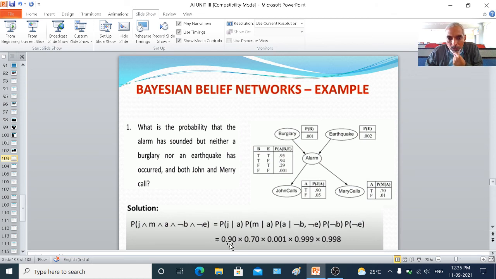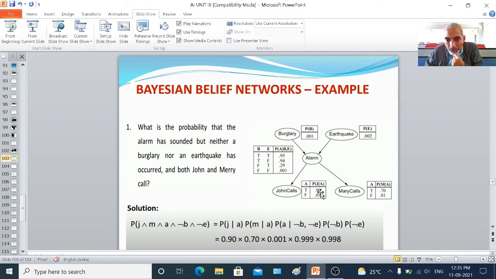Now all these values are already present; all the values are there with us. Say for example, the probability of J given A. From this particular table we can get that John is going to call. The probability of J, meaning John is calling, given that A has occurred, meaning the alarm is ringing, so the alarm is true.